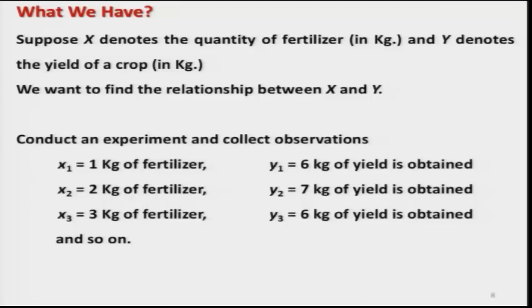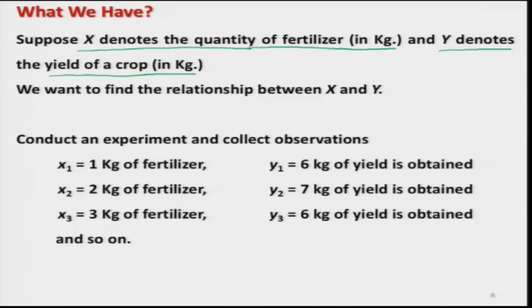So, we take an example here and try to understand. This is the same example we considered about the quantity of fertilizer and yield. Suppose capital X is a variable denoting the quantity of fertilizer in kilograms, and Y is the variable denoting the yield of a crop in kilograms.